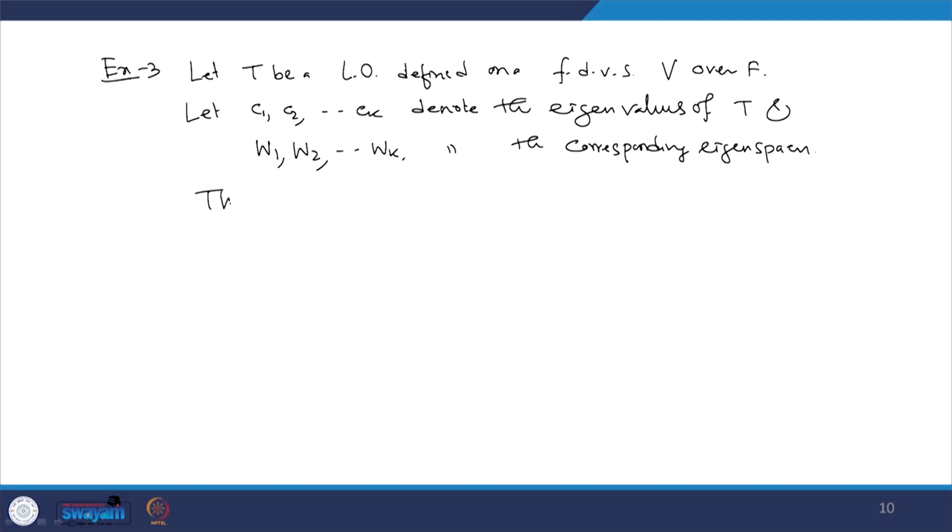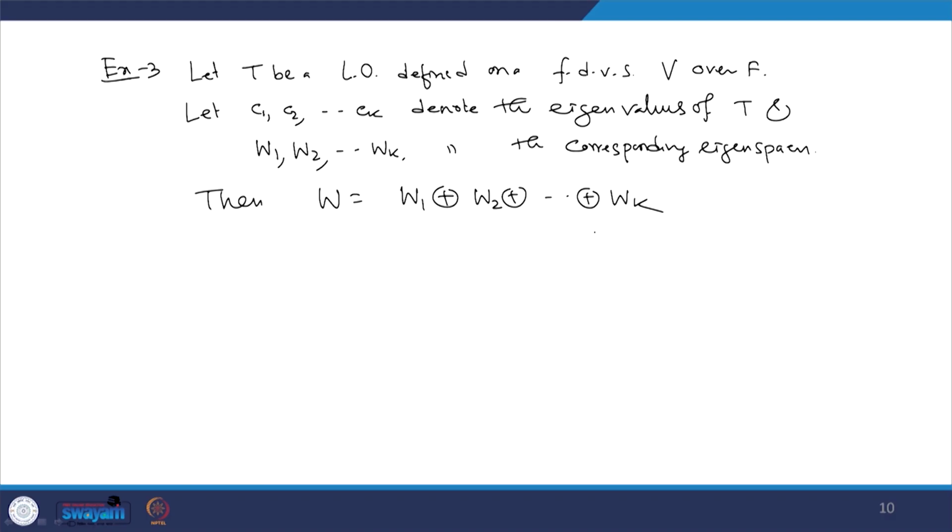Then W equal to W1 plus W2 plus Wk, the sum of subspaces of the vector space V, will be basically the direct sum of W1, W2, Wk, because we know that if we take the intersection of eigenspaces W1 and W2, that is the zero subspace.